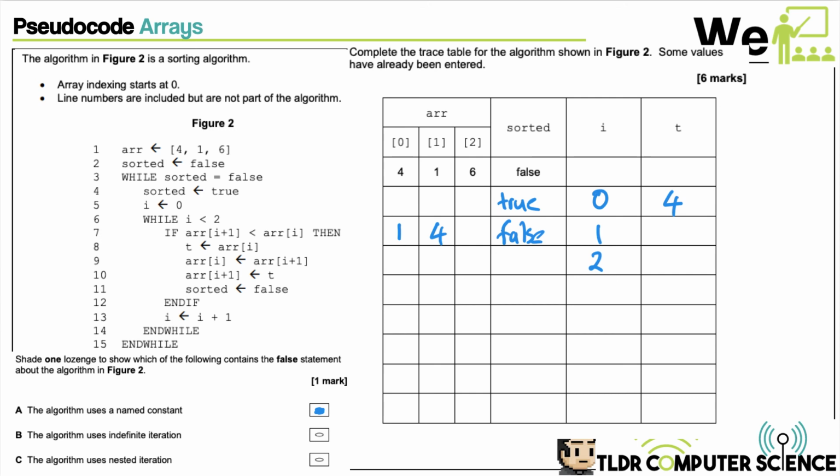And then it says, end while, come back in here, is 2 less than 2? 2 is not less than 2, so that while loop stops, so I come back to here. Is sorted equal false? Sorted is still false. And so now it says sorted becomes true. So that becomes true. I becomes 0.